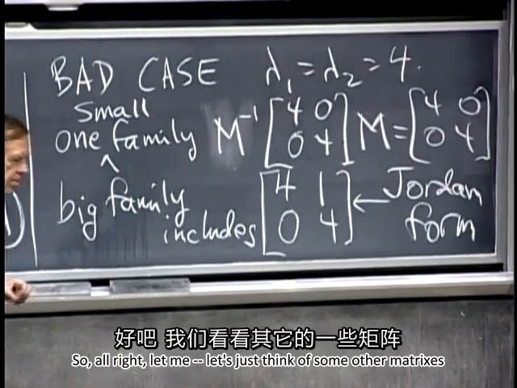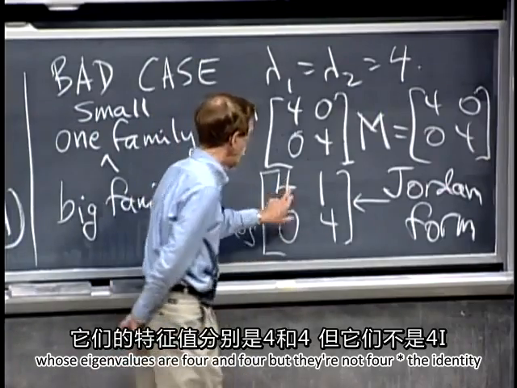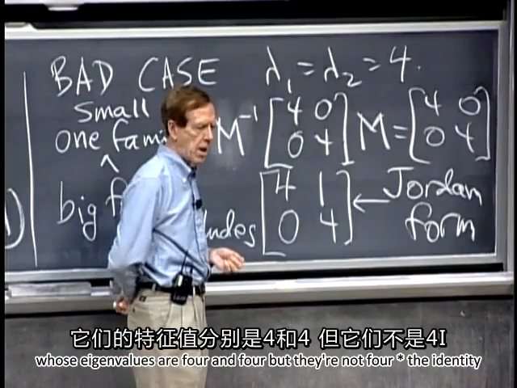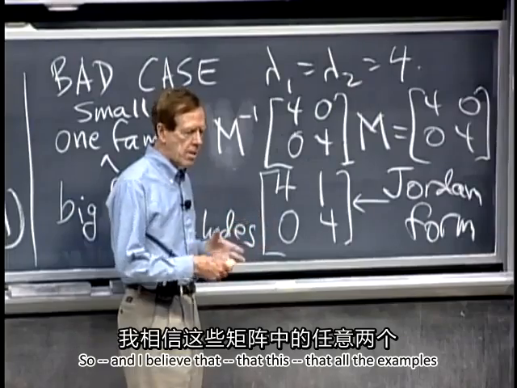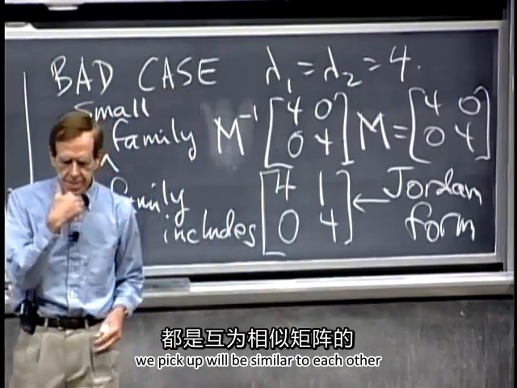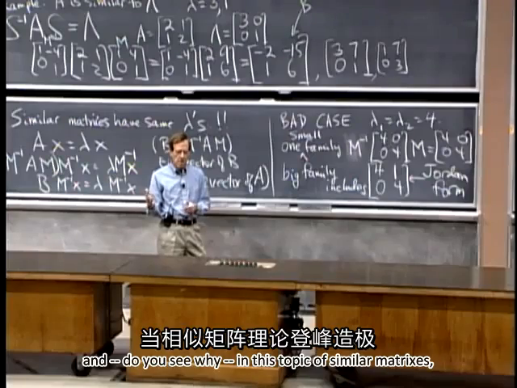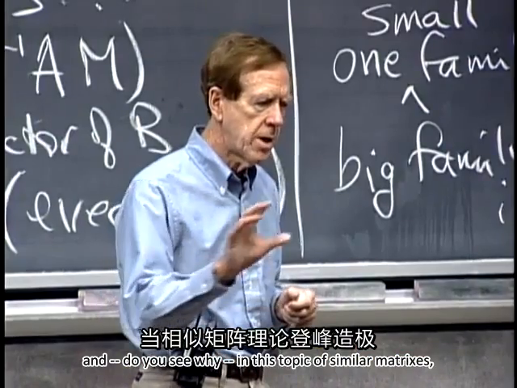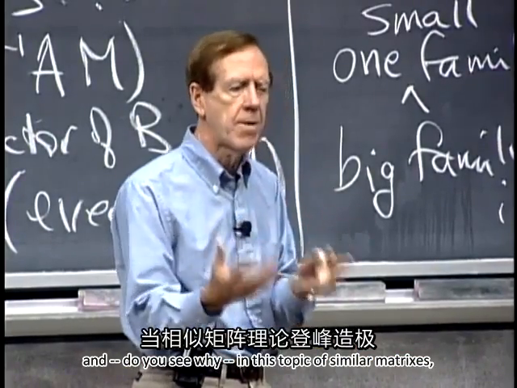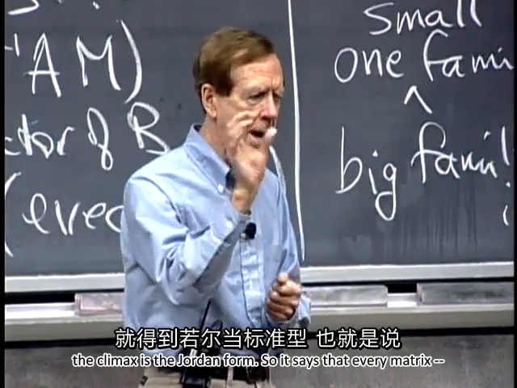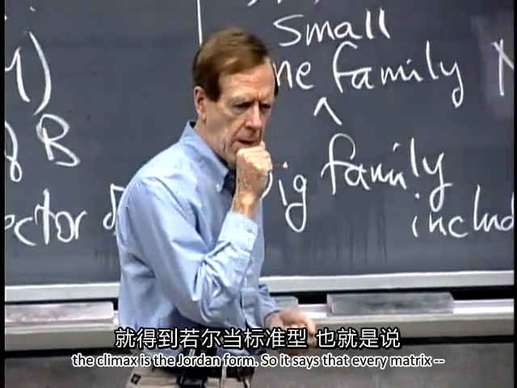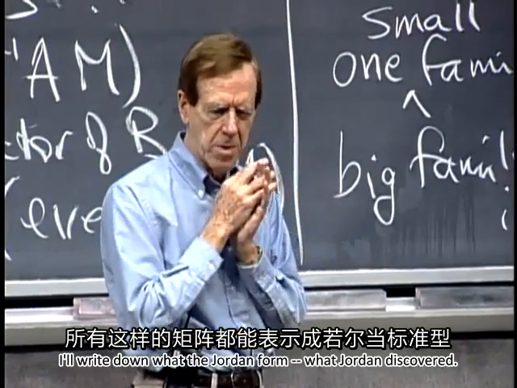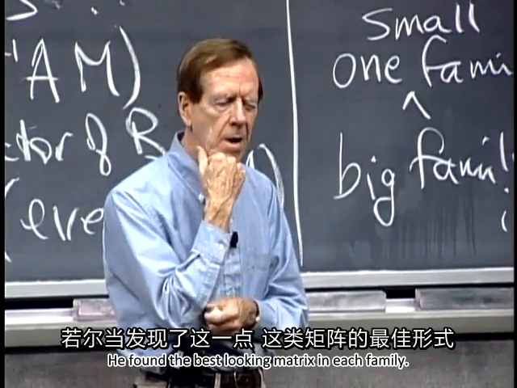Let's just think of some other matrices whose eigenvalues are 4 and 4, but they're not 4 times the identity. And I believe that all the examples we pick up will be similar to each other. And do you see why? In this topic of similar matrices, the climax is the Jordan form. So it says that every matrix, I'll write down what Jordan discovered.